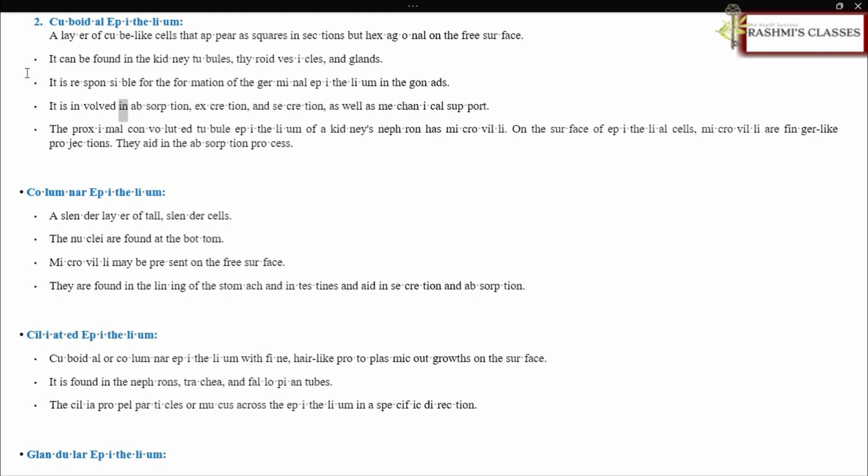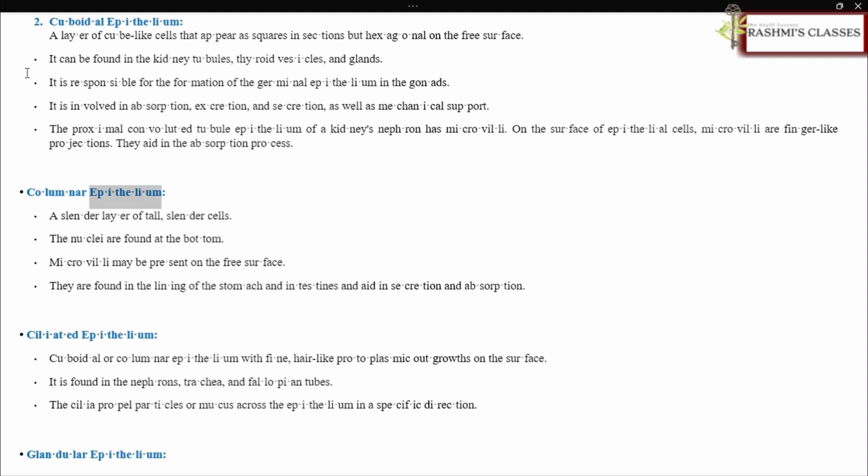It is involved in absorption, excretion, and secretion, as well as mechanical support. The proximal convoluted tubule epithelium of a kidney's nephron has microvilli. On the surface of epithelial cells, microvilli are finger-like projections. They aid in the absorption process.